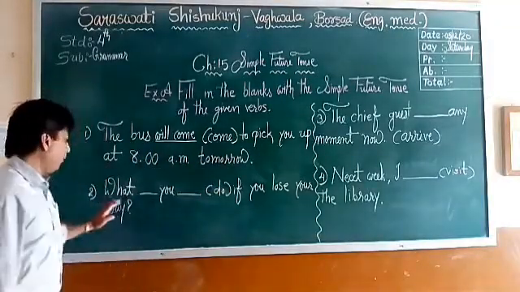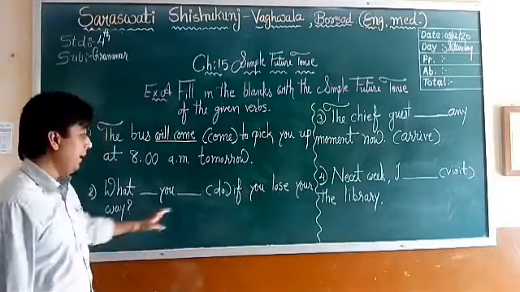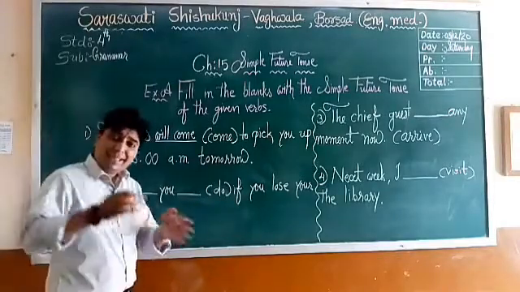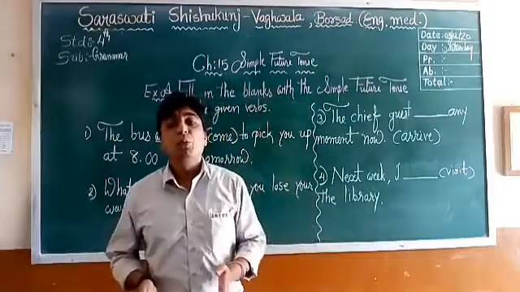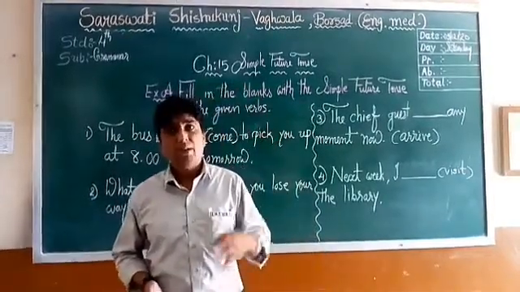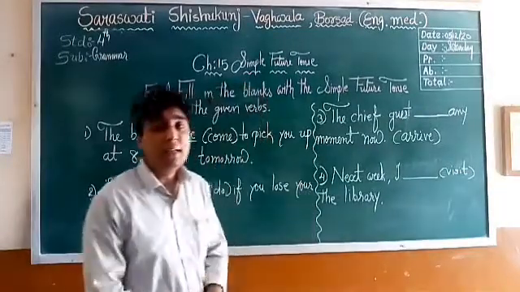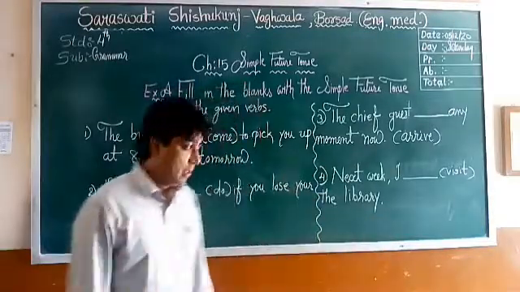Tomorrow. What ___ you do if you lose your way? Now this is a question, the same as the simple formation affirmative sentence. If there are question words like WH question words, what, which, when, who, okay? Immediately, the very next place there will be will.